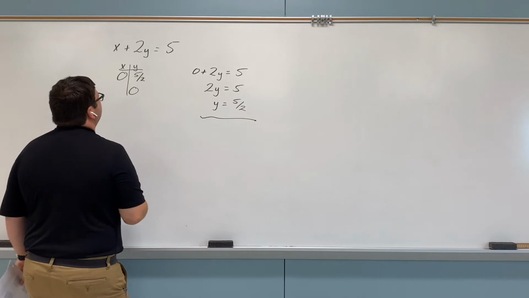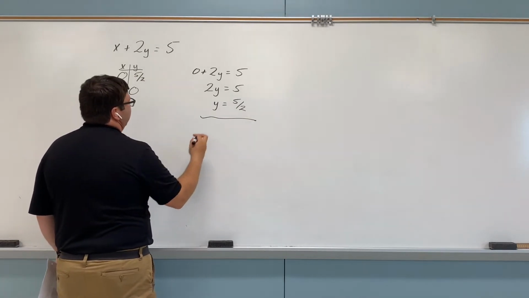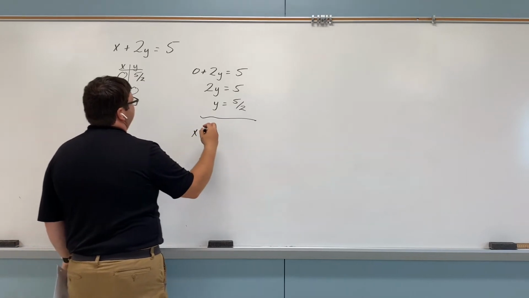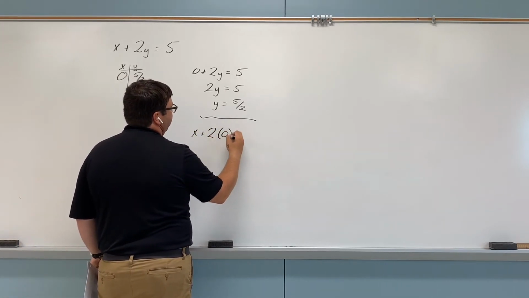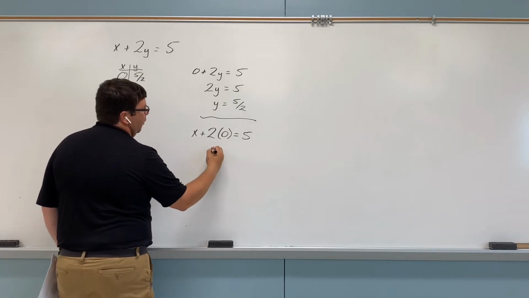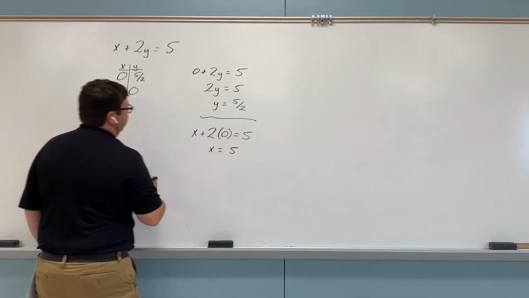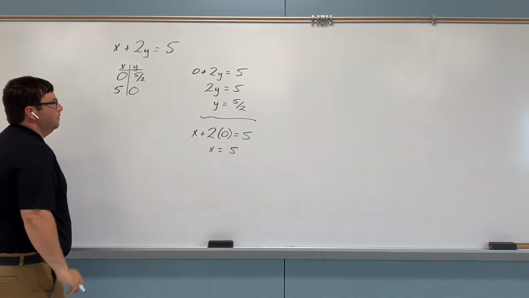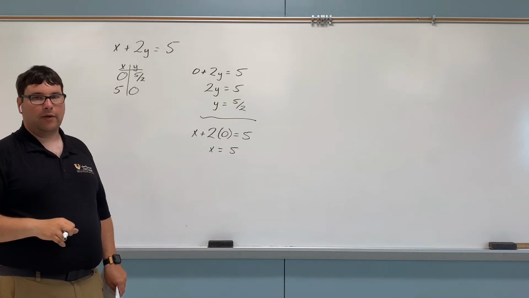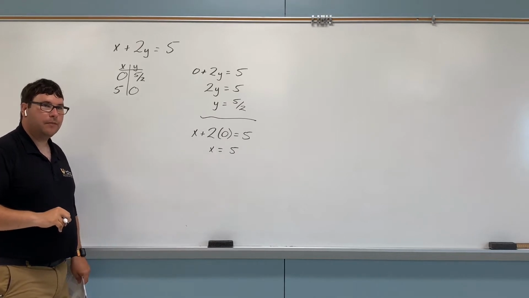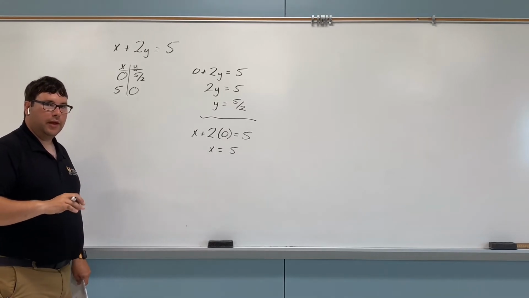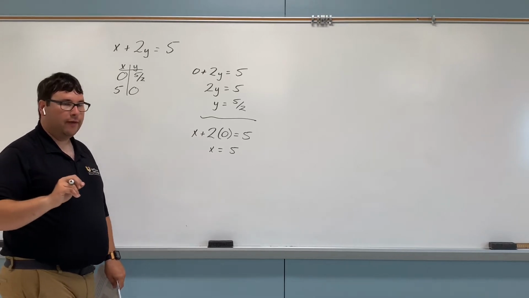All right. Now, you have x for the next one. x plus 2y, which is 0, is equal to 5, or x equals 5. 5 halves, for those of you punching it into a calculator, is 2.5. If you're looking at it in terms of a mixed number, you're looking at 2 and 1/2.